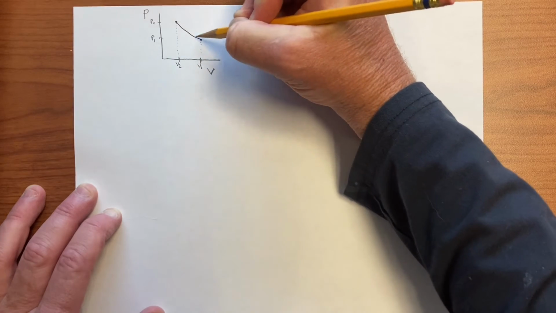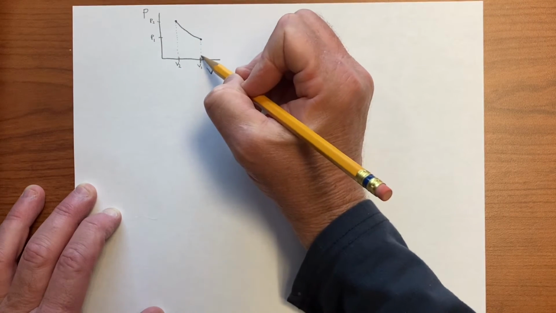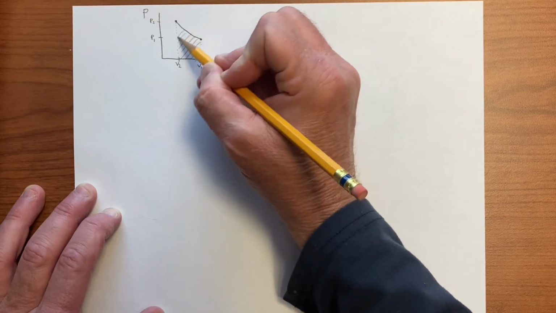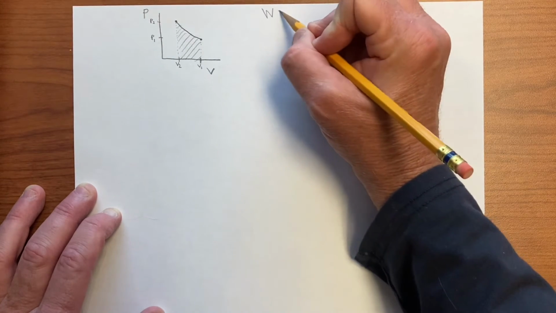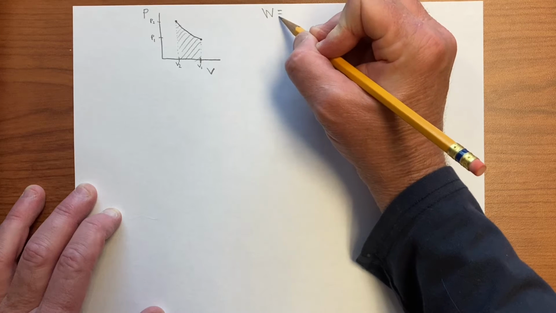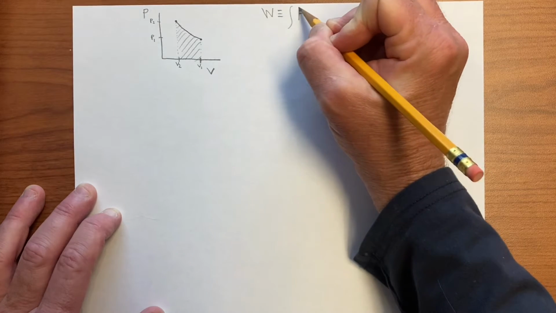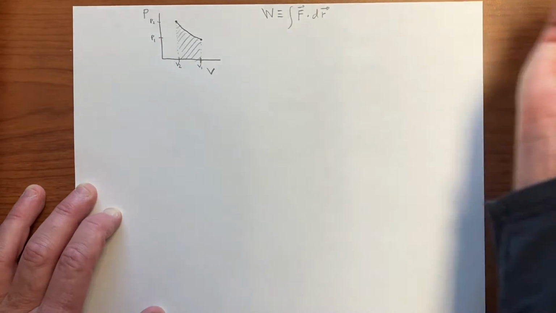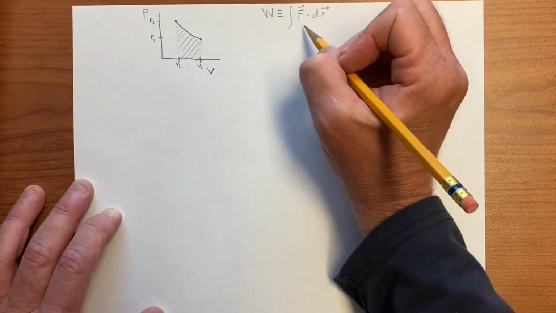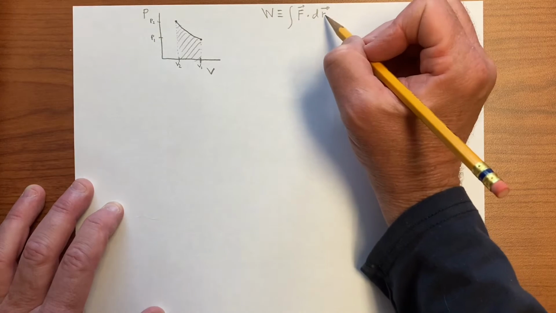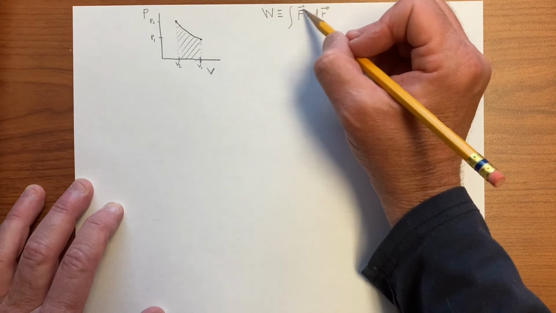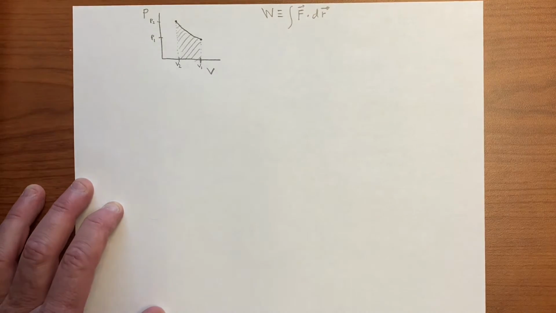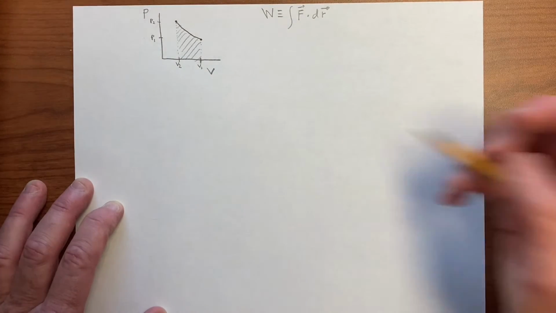So we're going that way. The area under the curve, just like the work, can be positive or negative, or zero for that matter, depending on whether the displacement is opposite the direction of the force or in the same direction. So the same thing is true here.